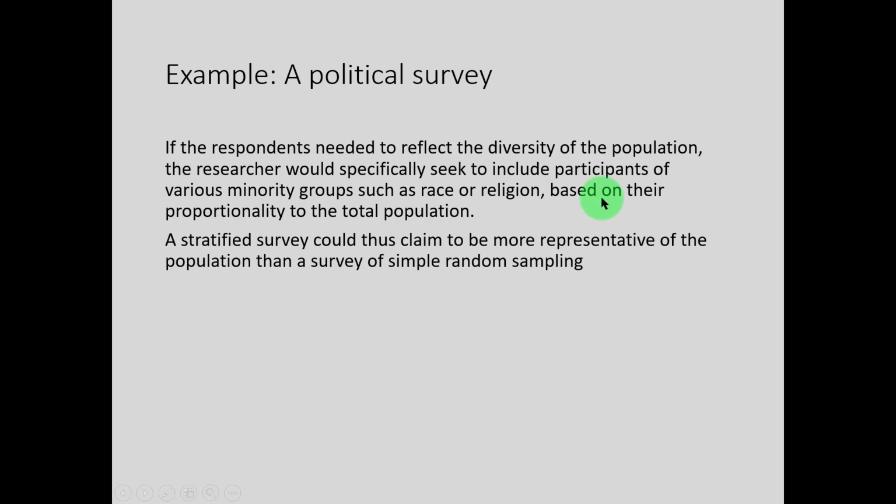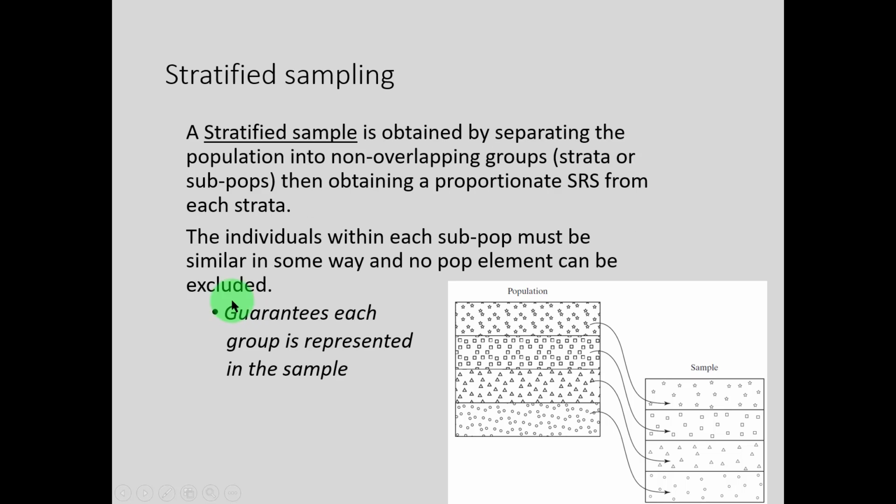Here the groups would be different races or religions or even genders, and the sample is composed of a simple random sample from each of those groups. It sounds a little complex, but I think this little image is very useful.